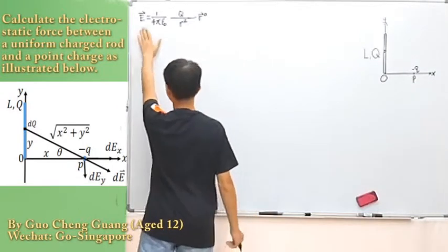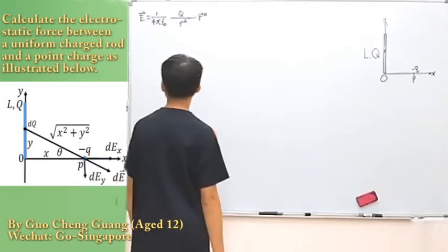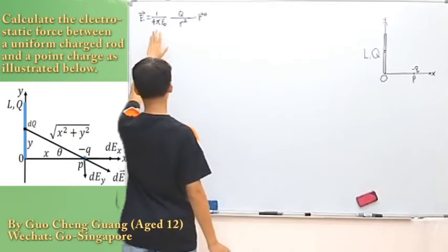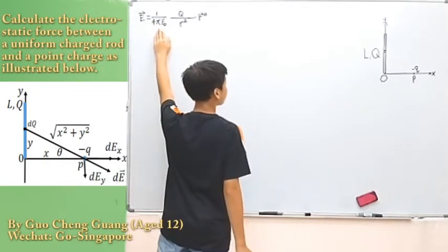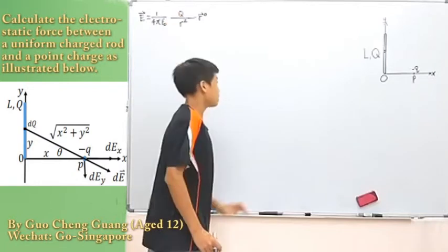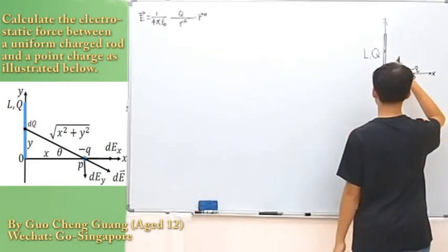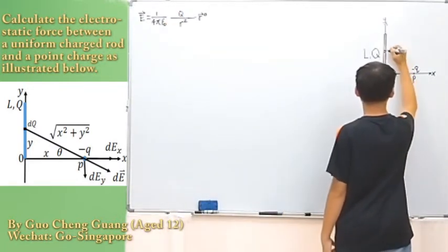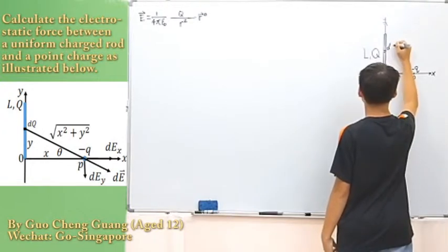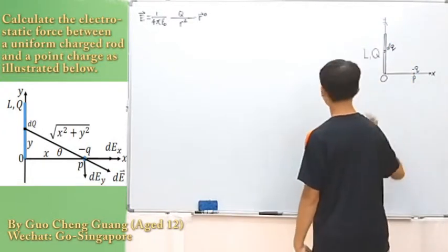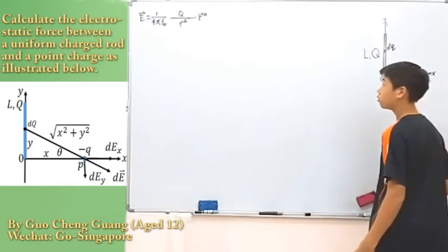So it is this one first. Then after that, this constant part, no problem first. Q, since in our rod here, Q is the entire thing, that means we're going to use dQ for one small part.